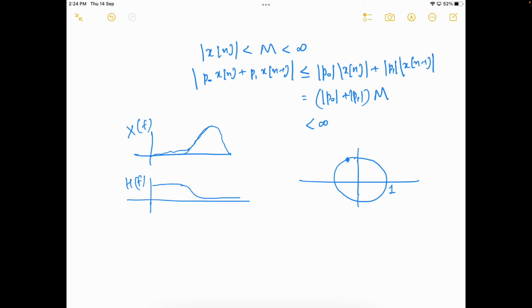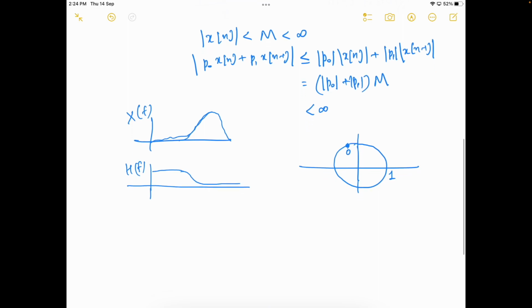I want to suppress this frequency, so I put a 0 nearby. And you want to boost these frequencies, so put a pole somewhere here. This pole will boost this region because my Fourier transform is along this axis. So I put a pole to boost this region and a 0 to suppress this region.